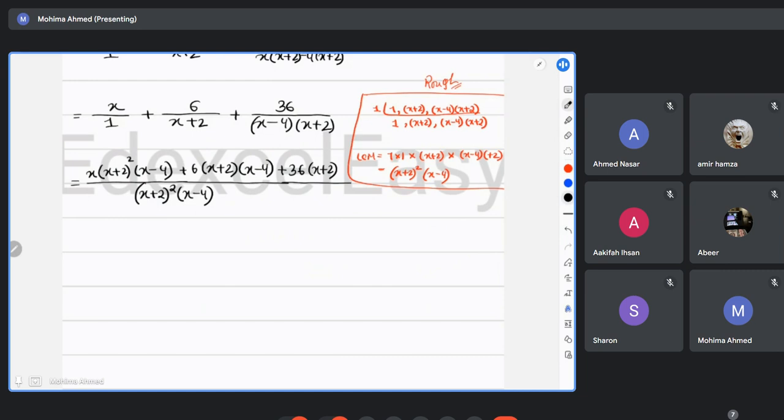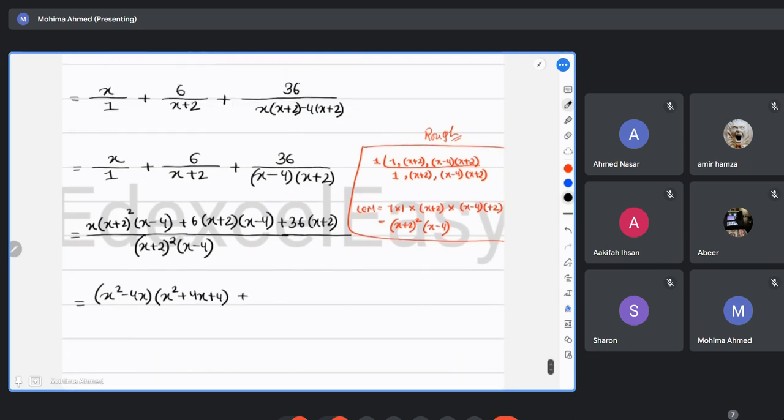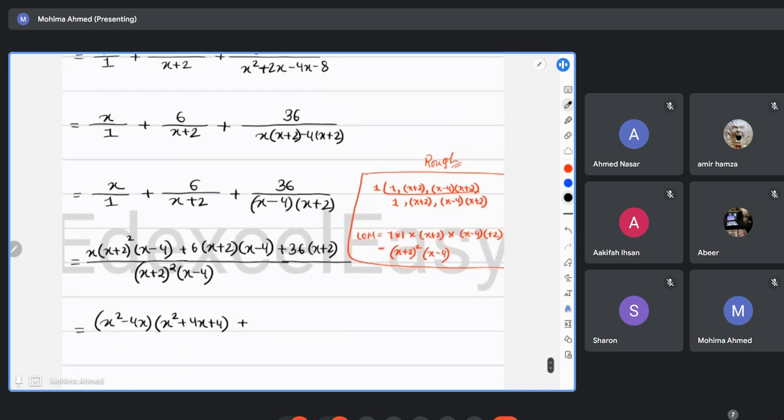And now I'll start with the simplification again. Yeah, I do need to simplify it. As I was saying, this is going to be what? x square minus 4x, and then x square minus 4x, and then it is supposed to be x square plus 4x plus 4. And then you have x plus 2 and x minus 4, right?